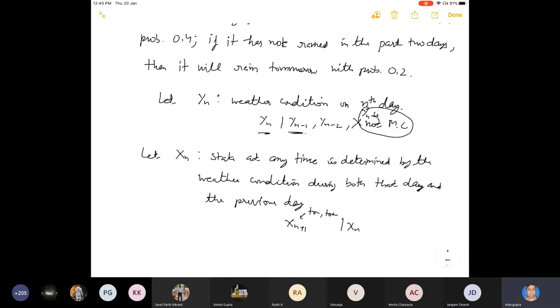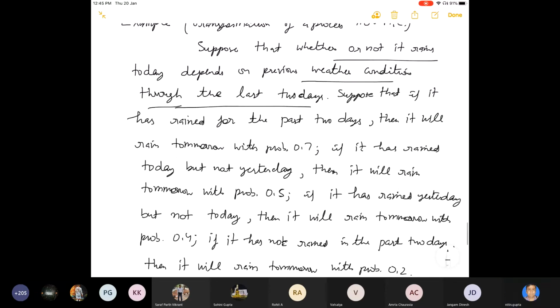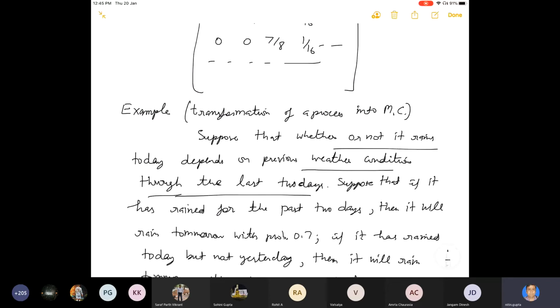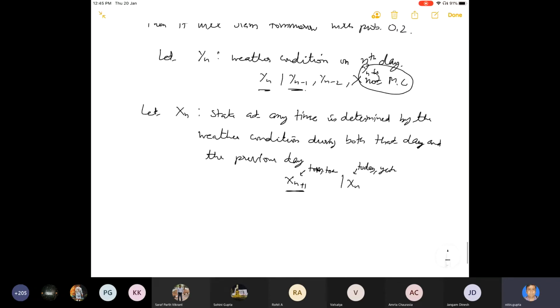Given Xn, the weather depends on the last 2 days, so it will not depend on earlier ones. Therefore Xn becomes a discrete time Markov chain.